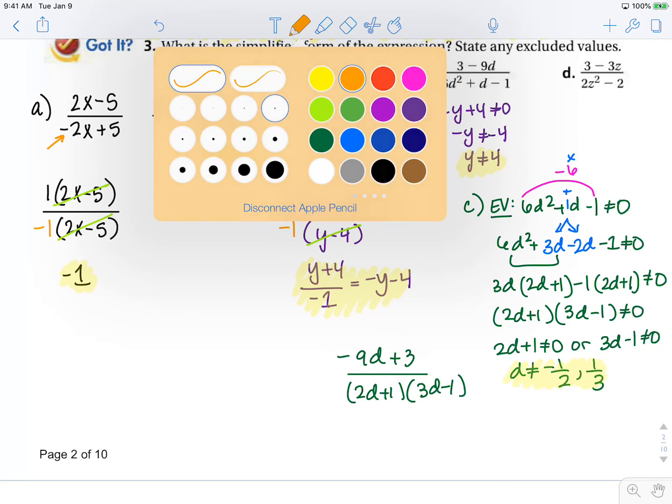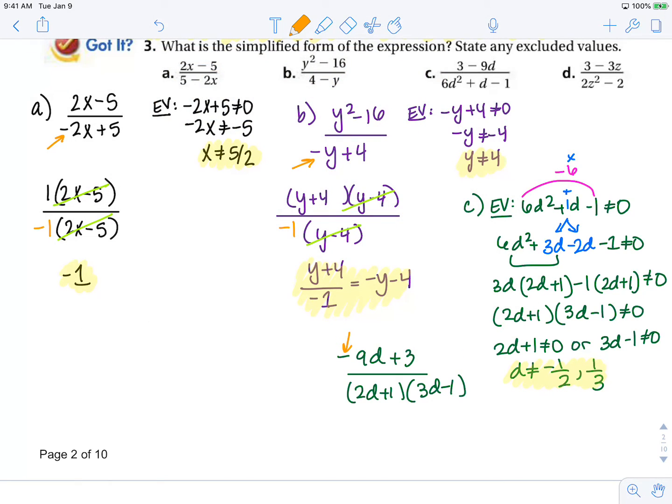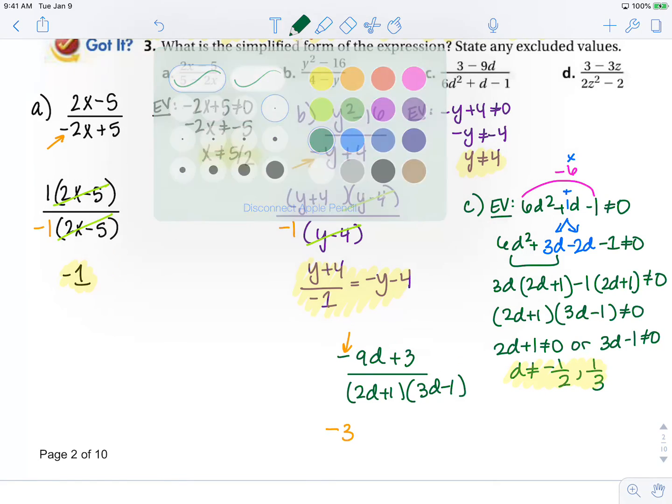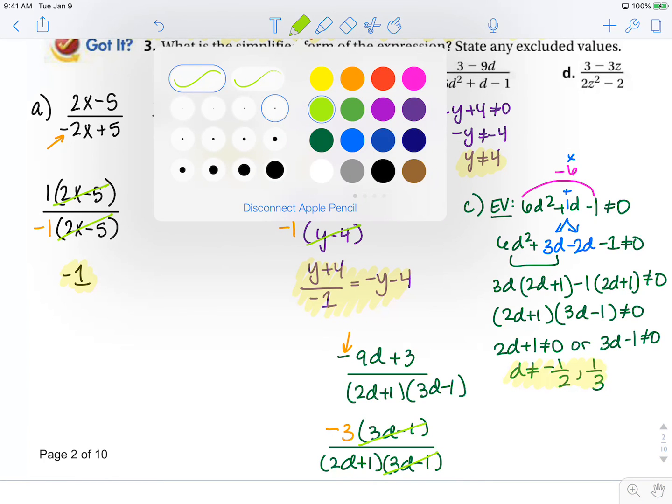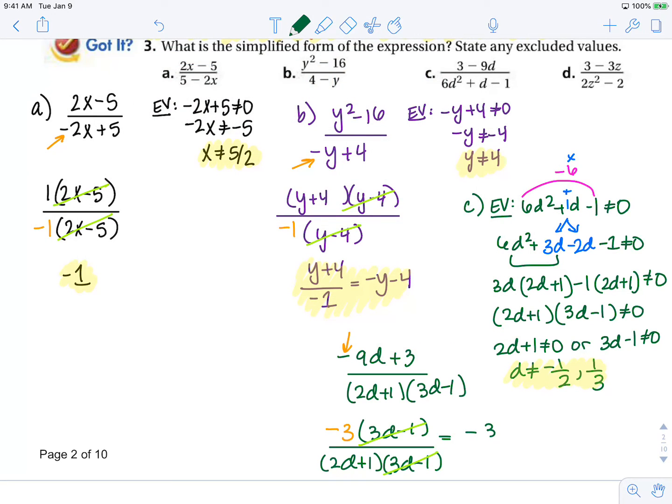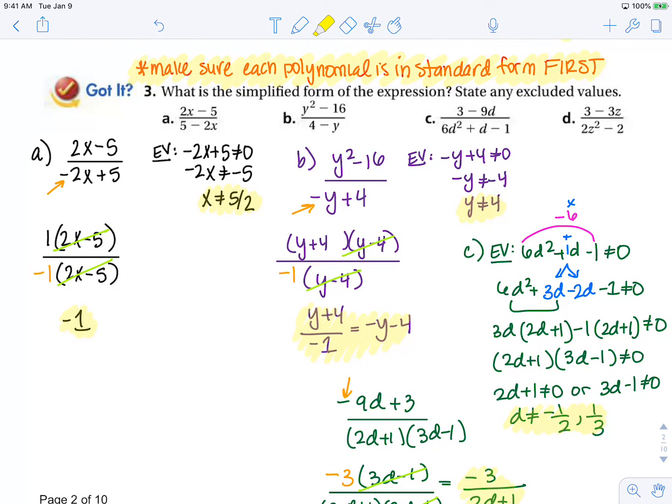Now, since we have this negative leading coefficient, I should factor out a negative 3 GCF, and that is going to leave 3d minus 1, and my denominator is still factored. So this common binomial GCF cancels out, and we're left with negative 3 over 2d plus 1, as long as d does not equal negative 1/2 or 1/3.